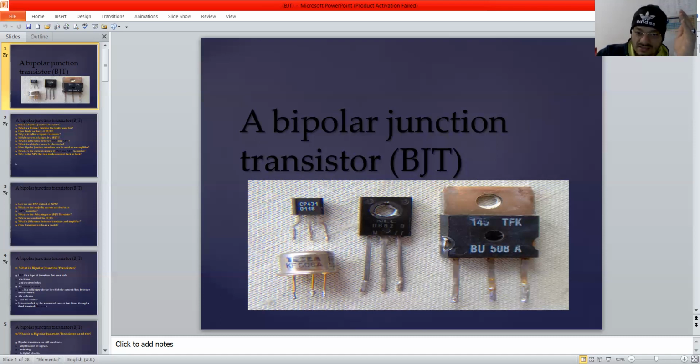Here, this is the base, this is the collector, this is the emitter. The same thing with the PNP: here the emitter, the collector, the base.